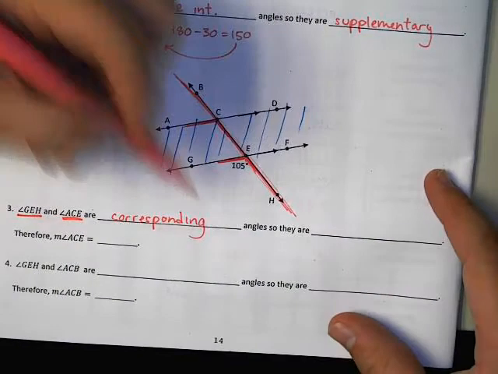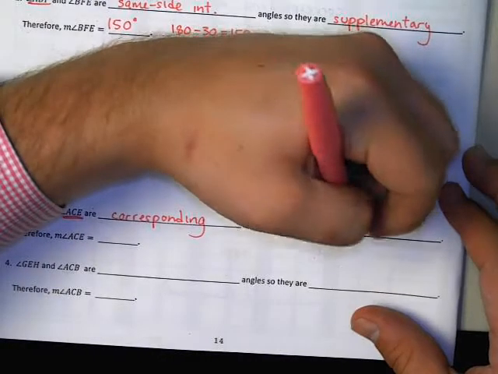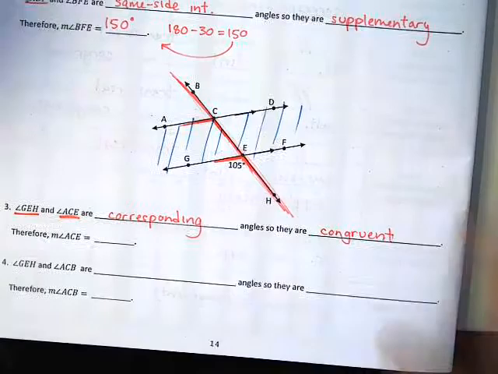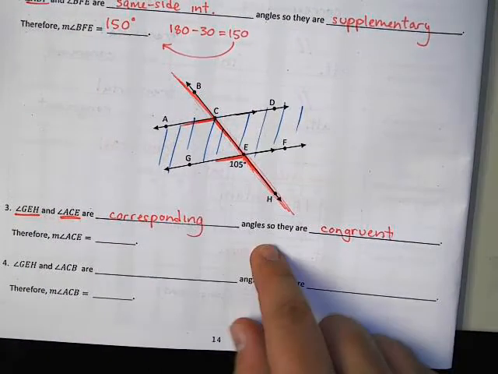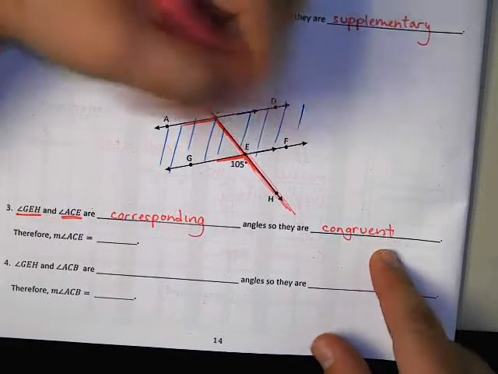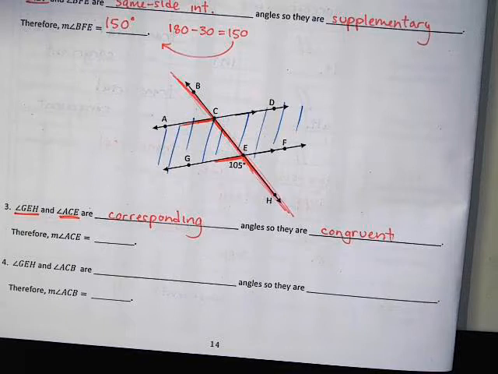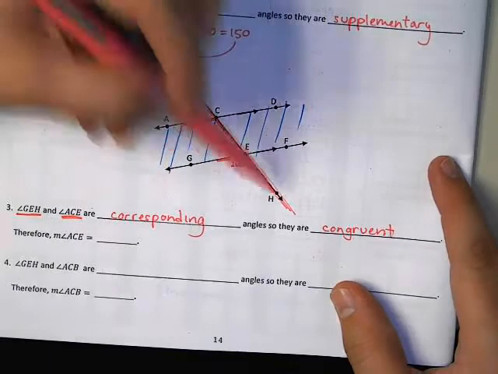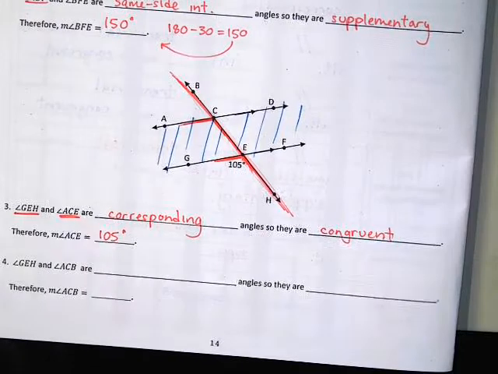We talk about that being corresponding, and corresponding angles have to be congruent if the lines being cut are parallel. Have to be parallel, that's important. So now, if we know GEH was 105, ACE then also has to be 105.